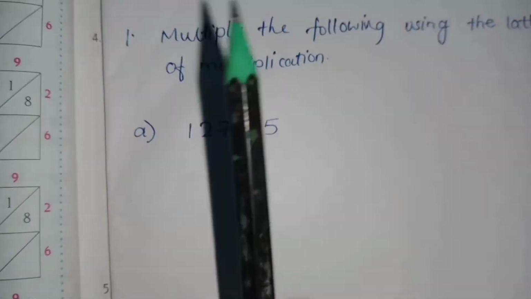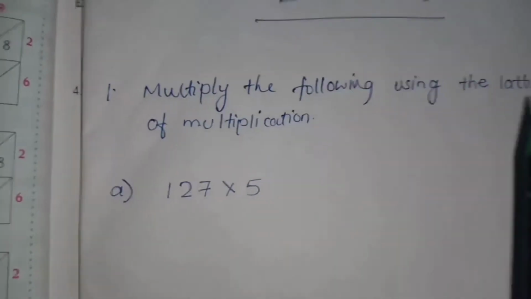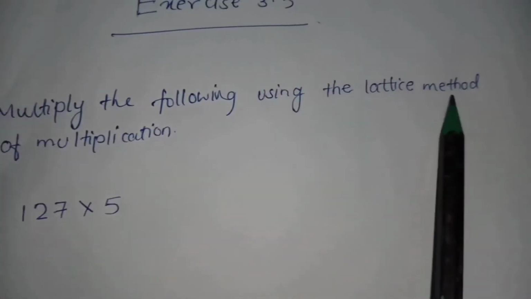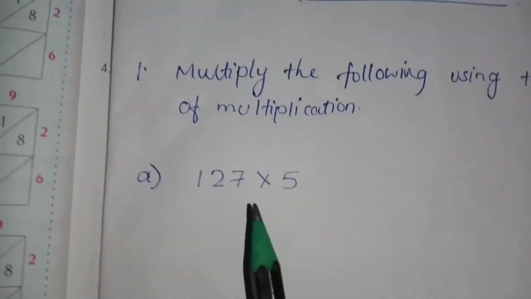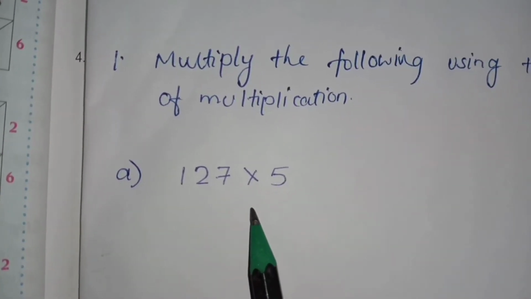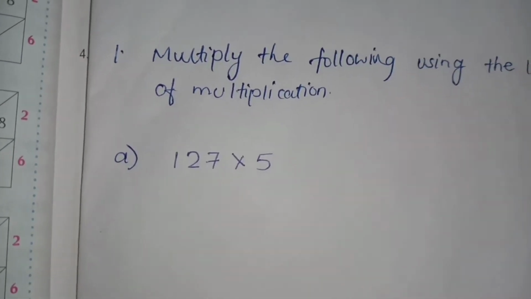Question number 1. Multiply the following using the lattice method of multiplication. So we are going to do this multiplication by using the lattice method.